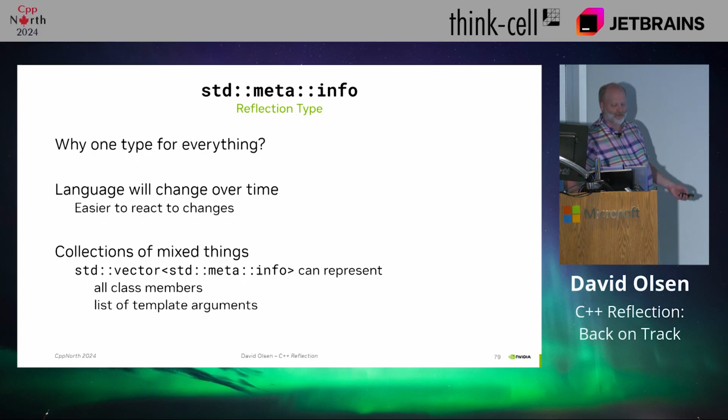Second, and I think more importantly, it is easier to represent a heterogeneous container or a collection of mixed things. A list of template arguments can be stored in a vector of info, even if those template arguments are a mix of type template arguments, non-type template arguments, and template template arguments.